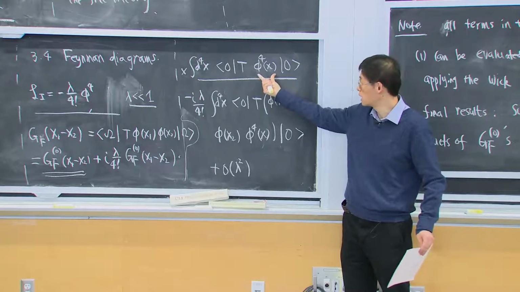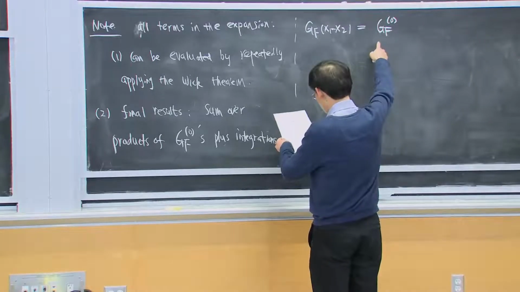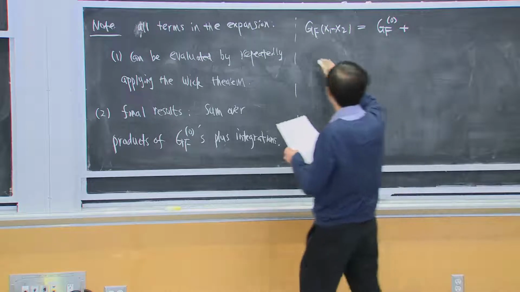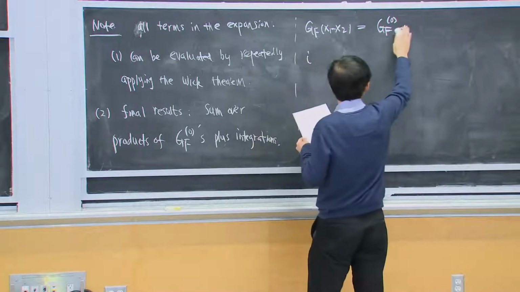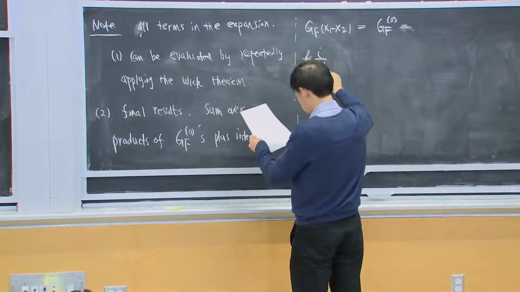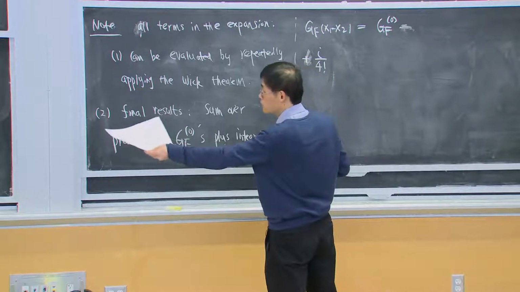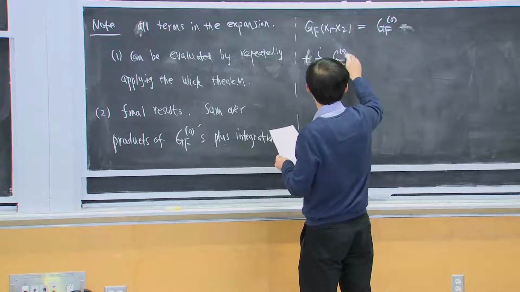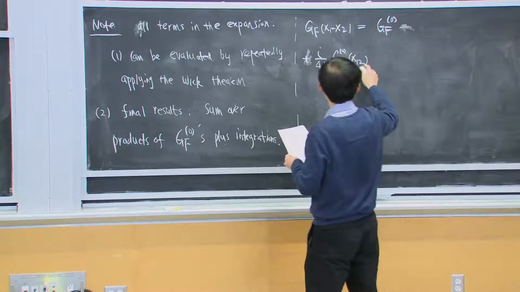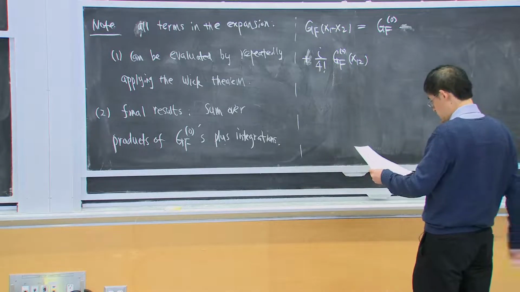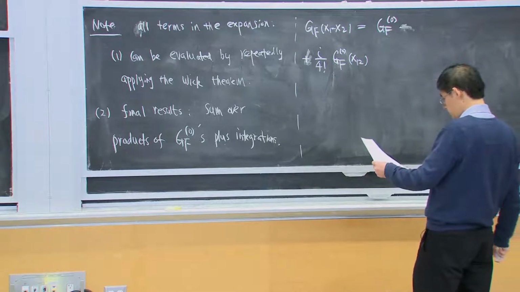So the next term is i lambda over 4 factorial, times GF0 of x12. Let me use x12 to denote x1 minus x2, to save a little effort.